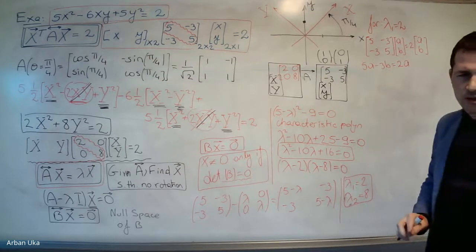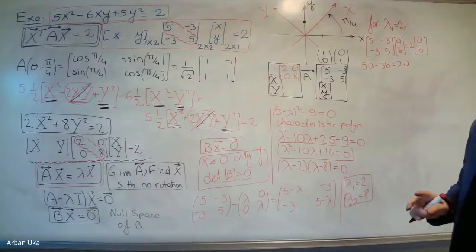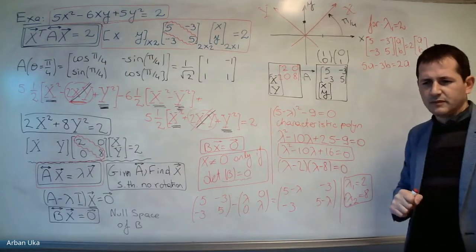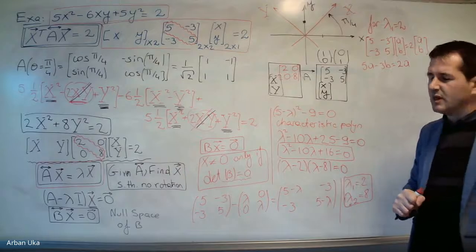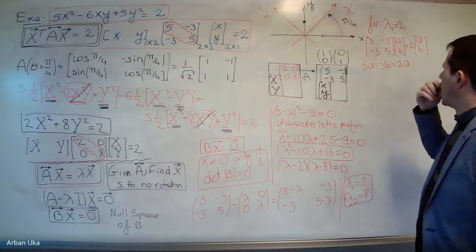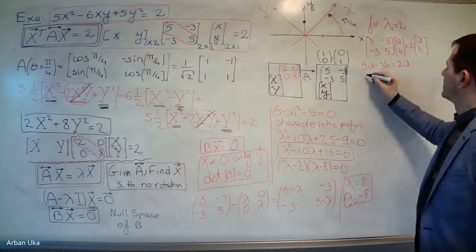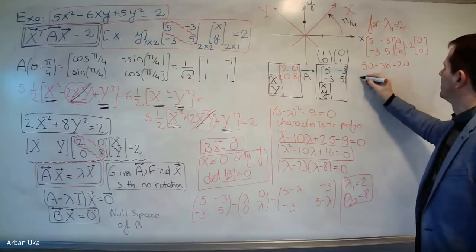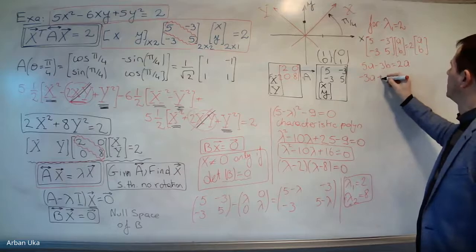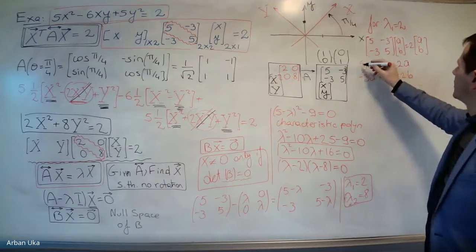Now, how many unknowns do we have here? 2. We have 2. How many equations do you need? 2. Do you have a second equation? Yes, from the matrix. What is it? Minus 3a plus 5b is equal to 2b. What do we learn from the first equation?